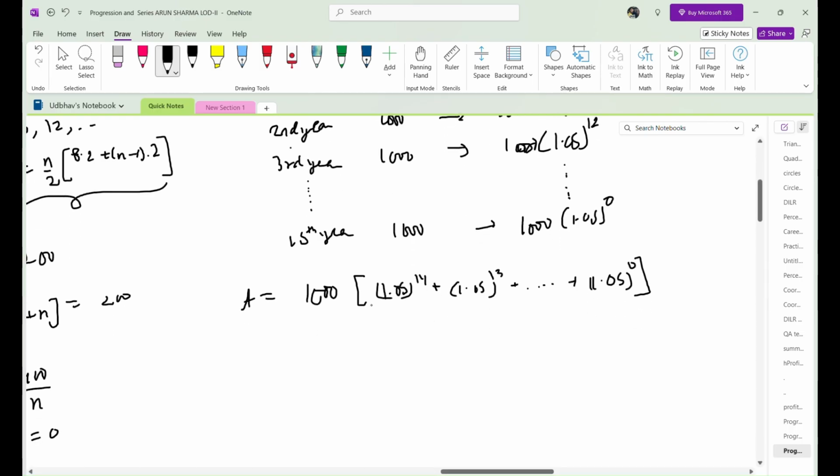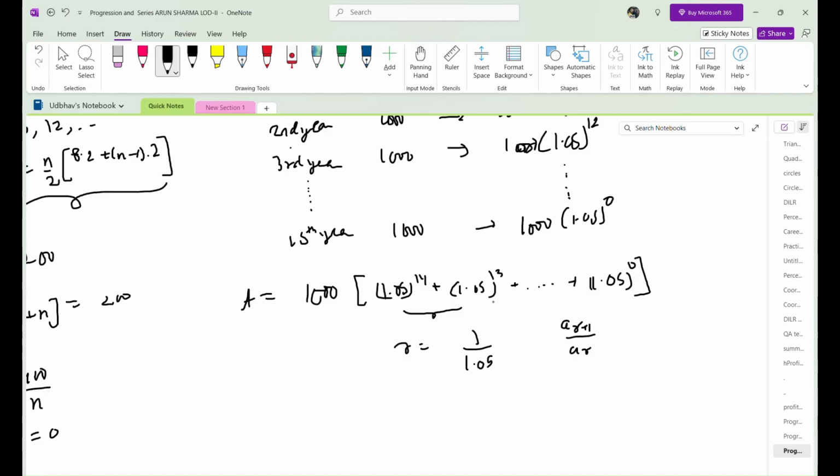So here what's the common ratio? The ratio is 1 upon 1.05, because how do we find the ratio? We find the ratio by using a_(r+1) upon a_r. We take the term ahead of us and divide it by the term behind it.